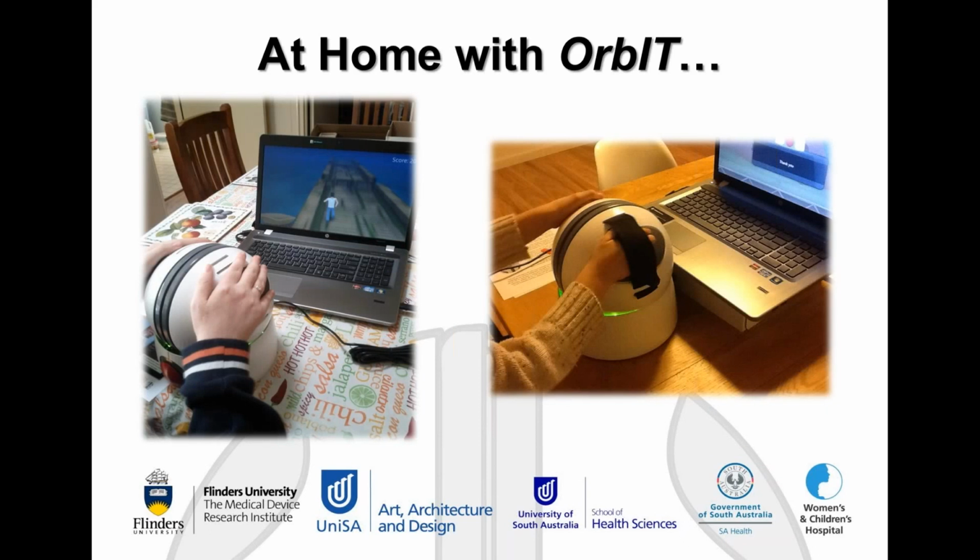So the dining room table was used, and you can see they're sitting here on the right-hand side. This young participant has got the laptop computer sitting on just a box lid, just to raise it up a little bit so that they can see over the top of the Orbi controller to play the game. And on the left-hand side, it's sitting on the dining room table, and that particular participant is playing that game that I showed you already, A Bridge Too Far.